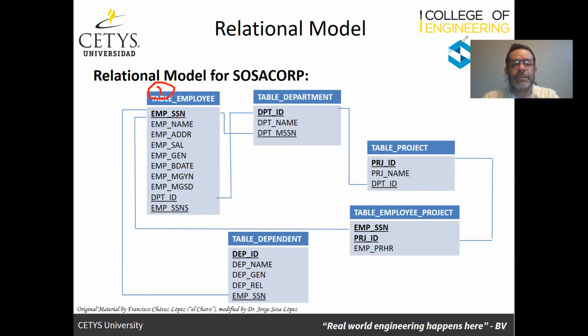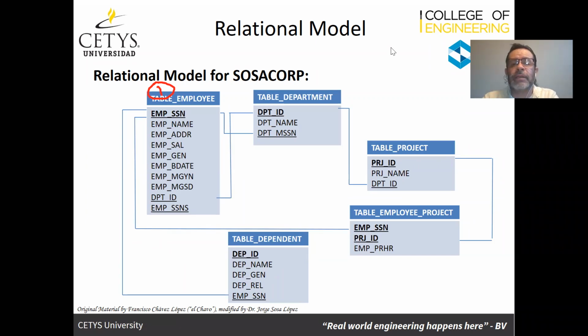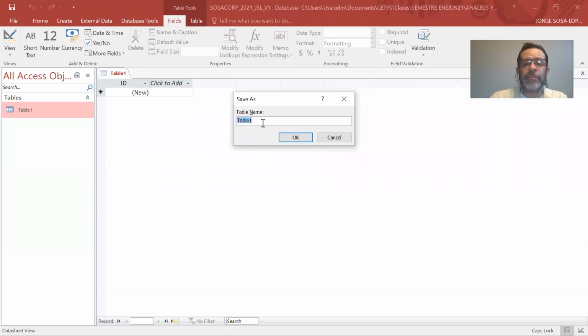If you could have this slide open and help me out filling in things, I would really appreciate that, and that would show me that you guys are still there and paying attention. So I'm going to start off with the employee table. I'm going to switch over to Access. This first table is going to be the employee table. I'm going to call it employee.